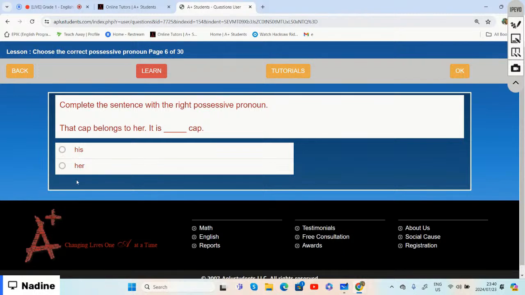Or do we say it is her cap? Which one is correct? His cap or her cap?